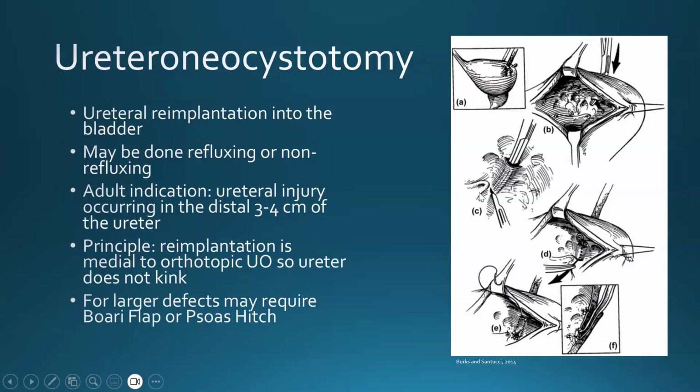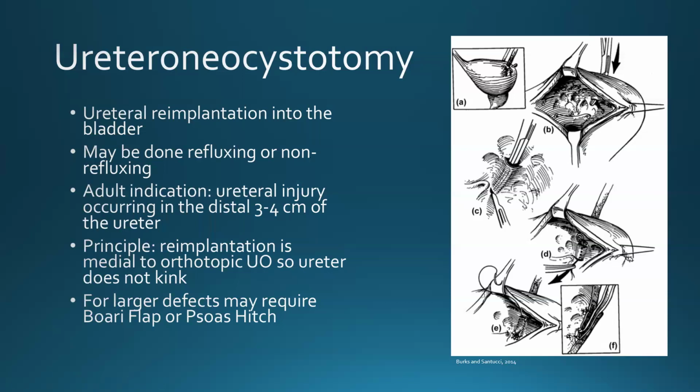The adult indication for this is a ureteral injury occurring in the distal ureter, and typically these are limited to injuries that are about 3 to 4 centimeters distal. More extensive injuries that occur higher up probably are not going to be able to achieve a tension-free anastomosis.